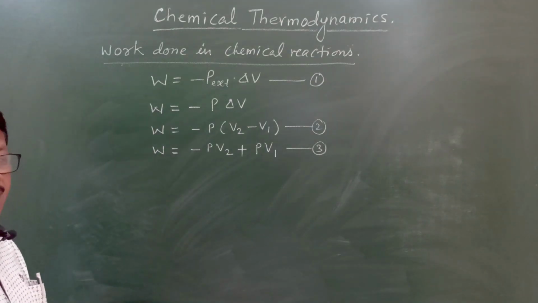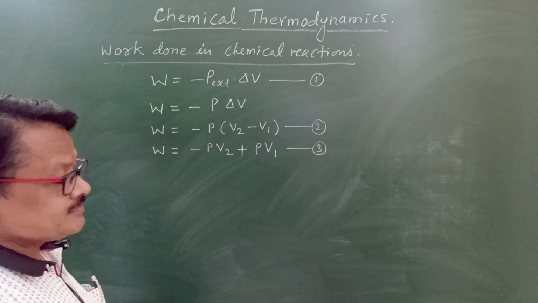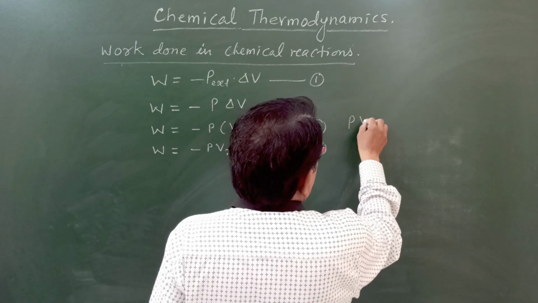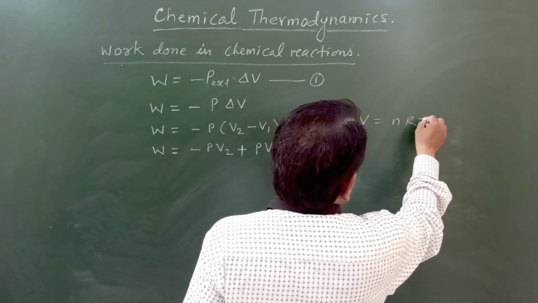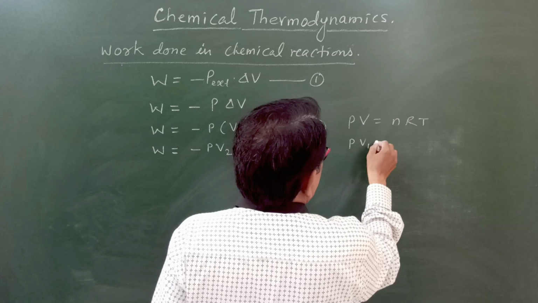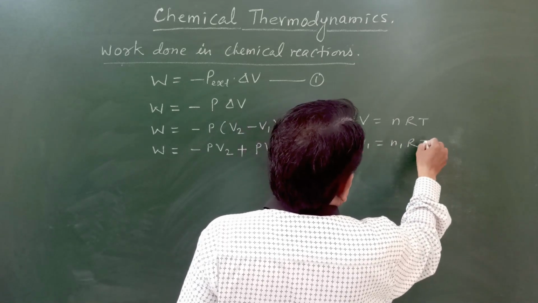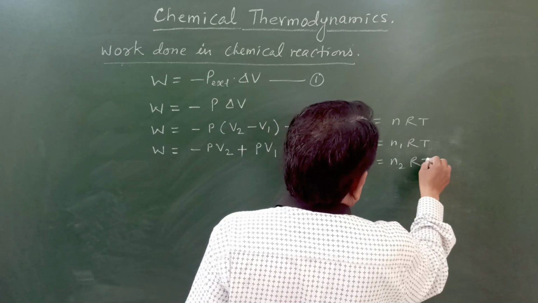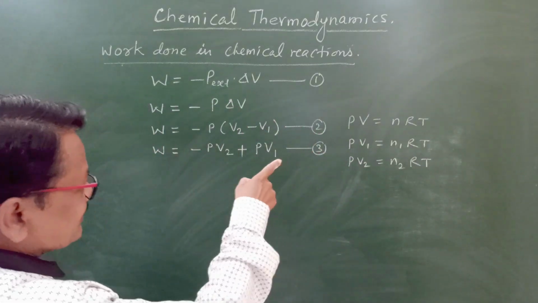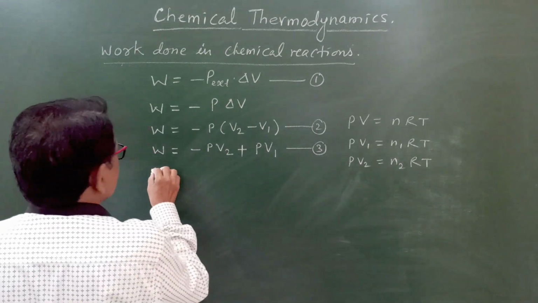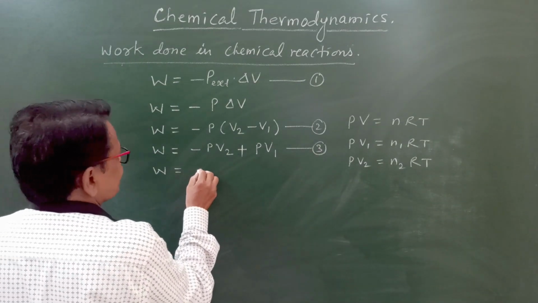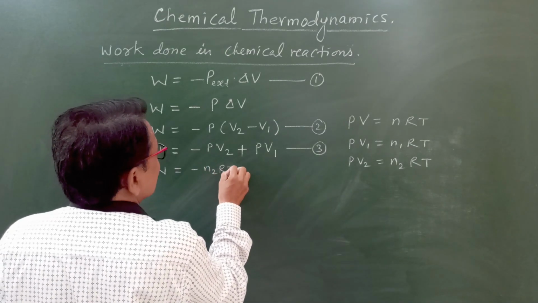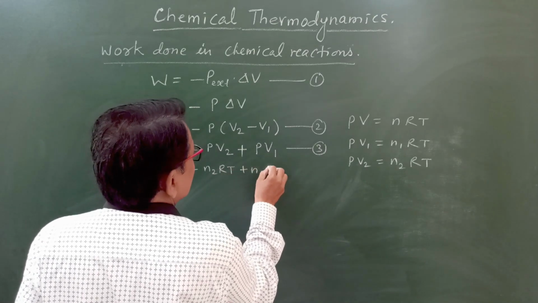The gas which is filled in the cylinder, suppose it is an ideal gas, then as we just saw, PV is equal to nRT, that is the ideal gas equation, and PV1 is equal to N1RT and PV2 is equal to N2RT. By putting these values of PV1 and PV2, we will get W is equal to minus N2RT plus N1RT.